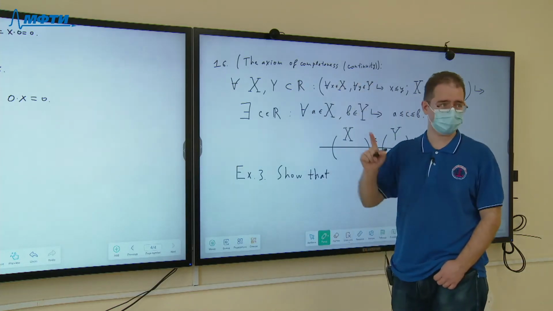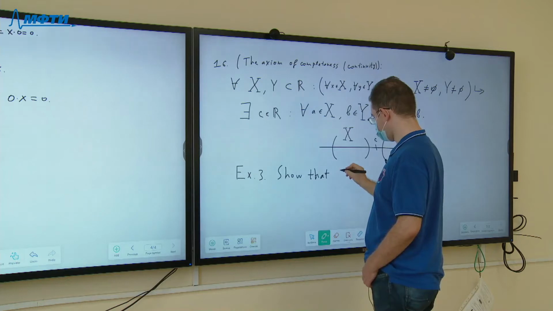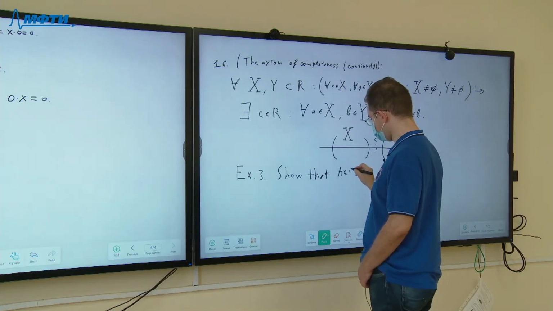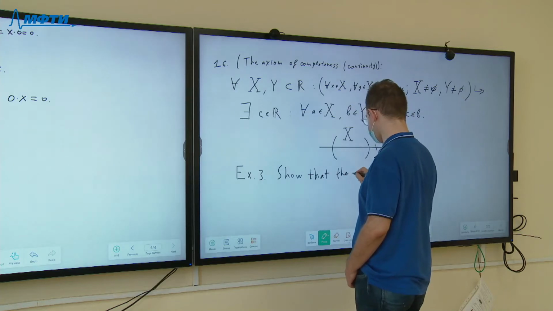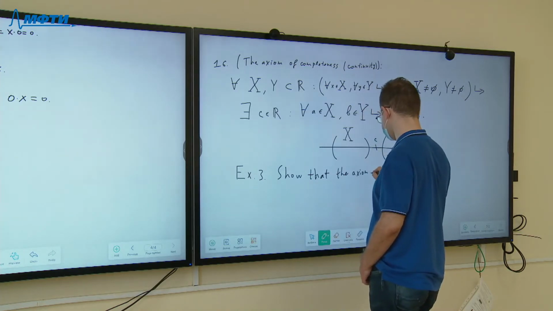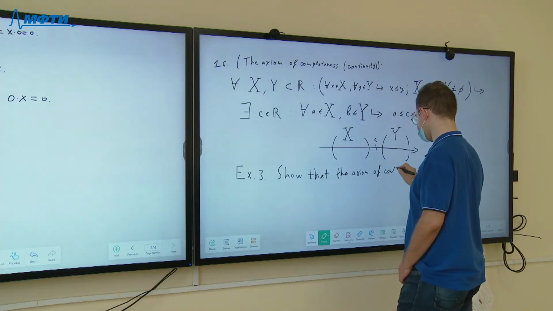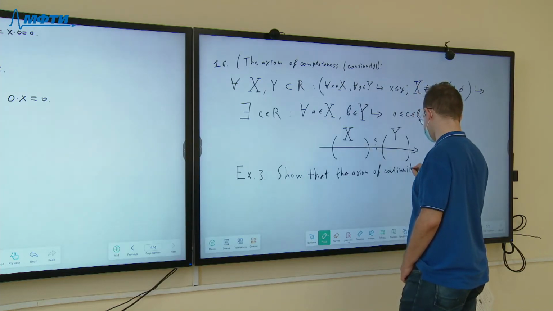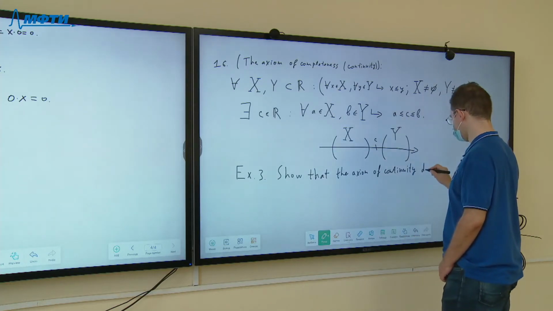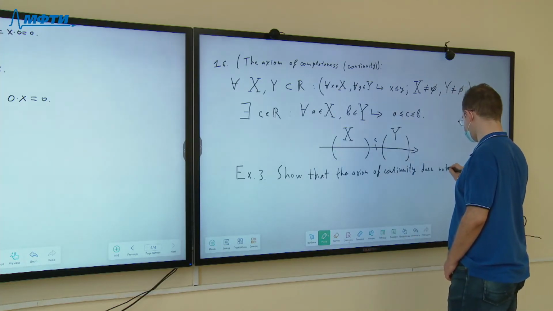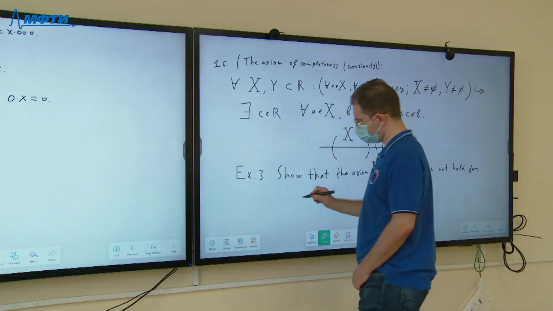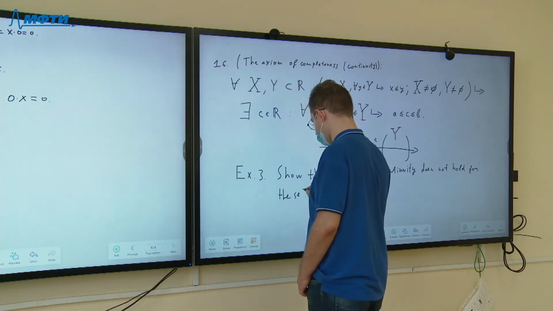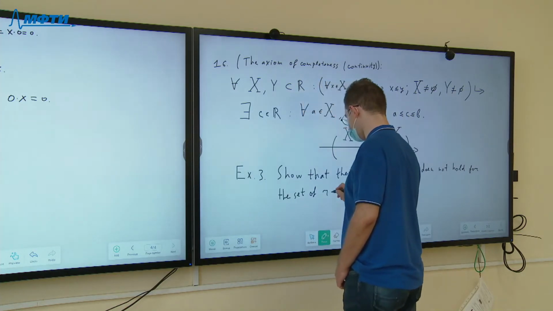Show that this 16th axiom, the axiom of continuity, does not hold for the set of rational numbers.